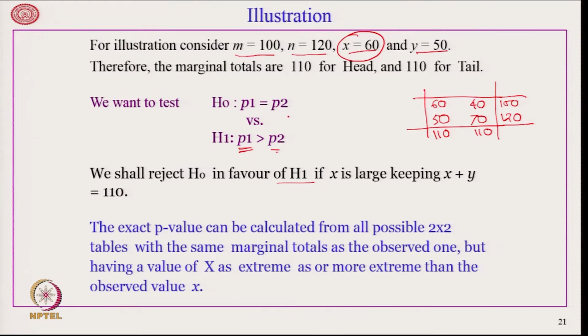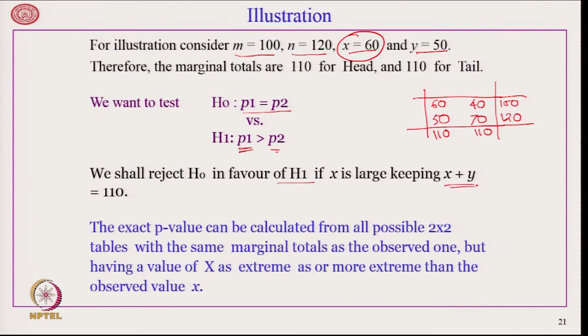So we are testing the equality of the proportions against the alternative hypothesis that P1 is greater than P2, such that x plus y is equal to 110. Therefore, the exact p value can be calculated from all possible 2 cross 2 tables with the same marginal totals as the observed one, but having a value of x as extreme as or more than the observed value of x.